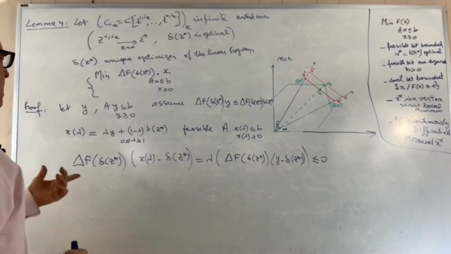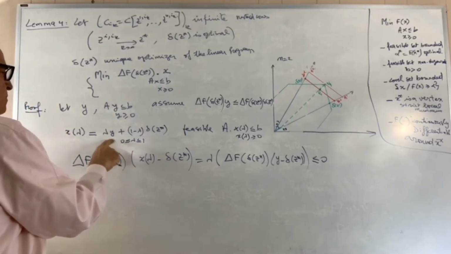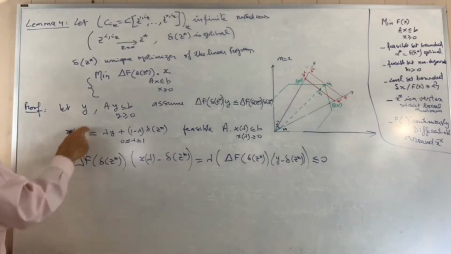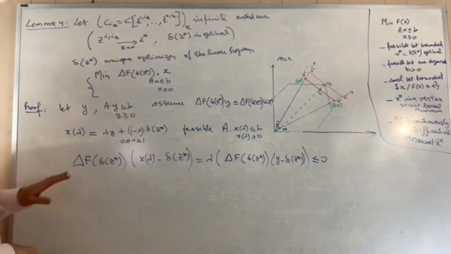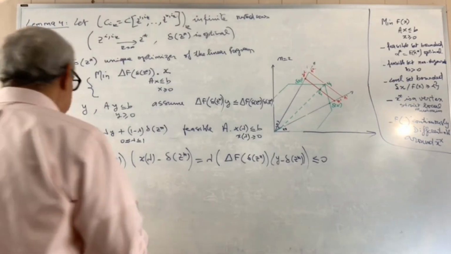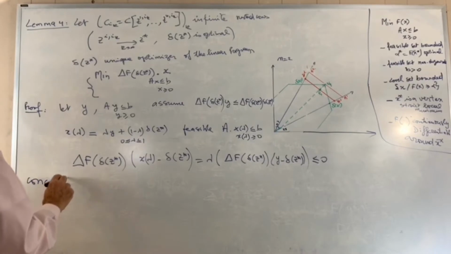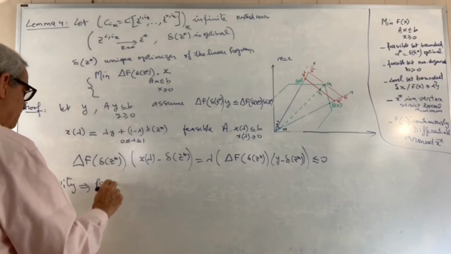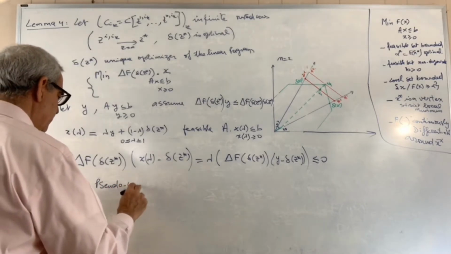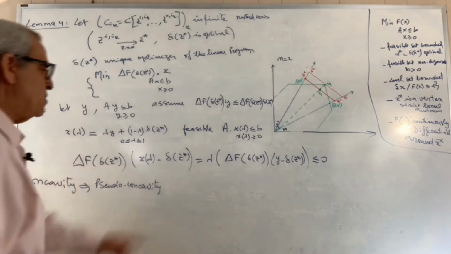So I could make lambda close to 0, all right? So x lambda will be in the neighborhood of delta z star, okay? And I have this. And remember that concavity implies pseudo-concavity.